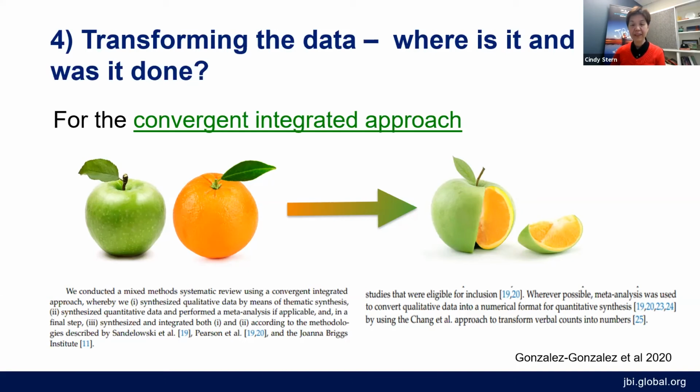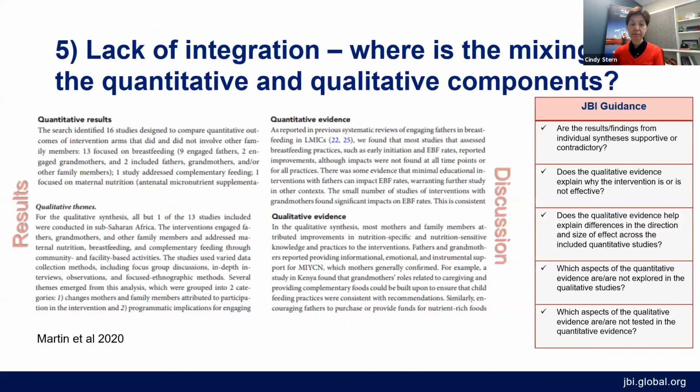This review quantitized the qualitative data by using meta-analysis to convert qualitative data into a numerical format for quantitative synthesis, by transforming verbal counts into numbers. What we also found was that reviews often did not report on their process of data transformation, nor provide the transformed data alongside the original data.